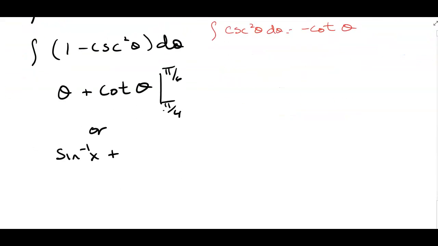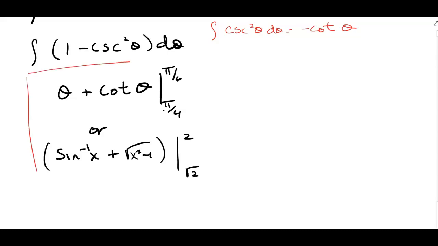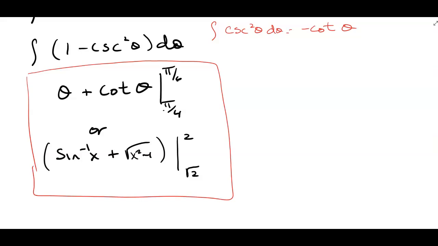Cotan equals square root of x squared minus 1. And you would have to take that from radical 2 to 2. These two are going to evaluate to the exact same thing, so it's up to you what you want to do. But you got to pick one.